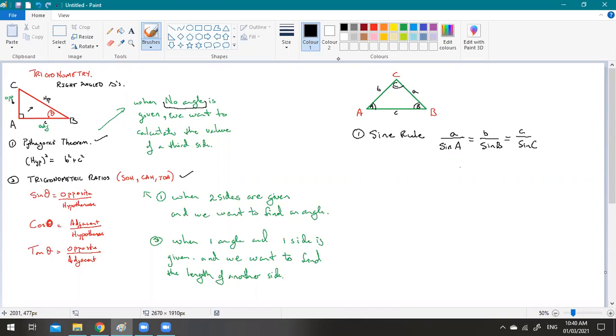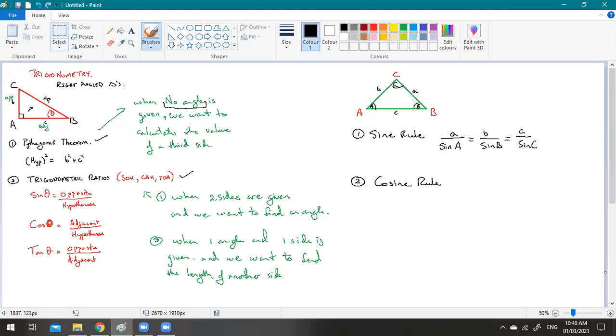Now, let me write the next formula before I explain them. So then we have the cosine rule. And this is what we were doing last class.